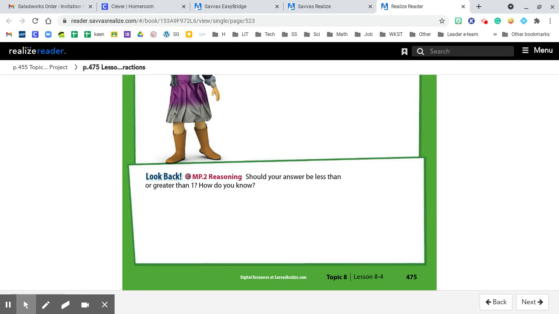And should your answer be less or greater than 1? This is probably one of the most important things that you'll learn in this lesson. Every time you do this, it's going to be less than 1, because you have a fraction of a fraction.